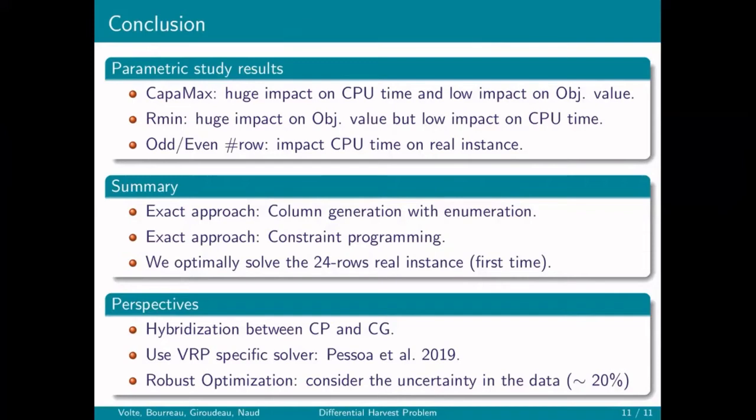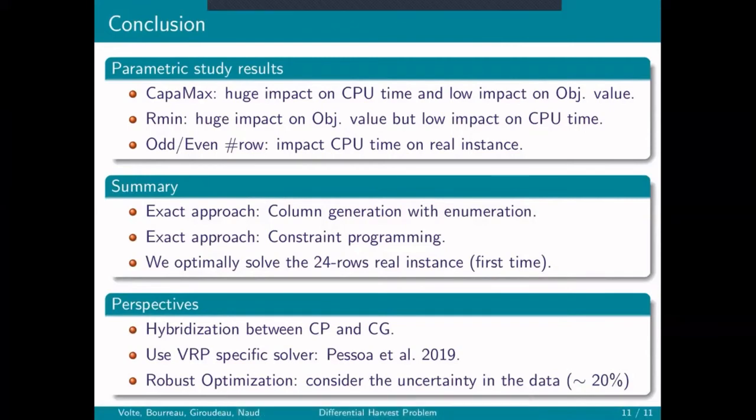And to enhance the results, we also want to try to use a specific vehicle routing problem solver to have the best optimization method in column generation in the state of the art.